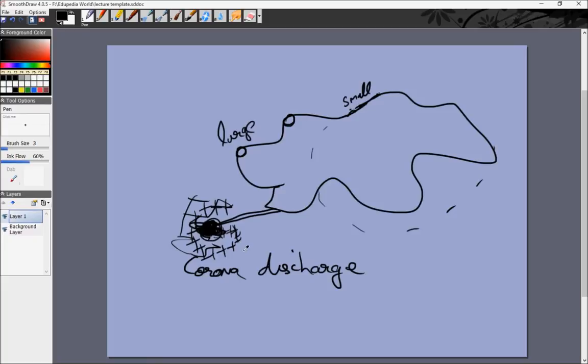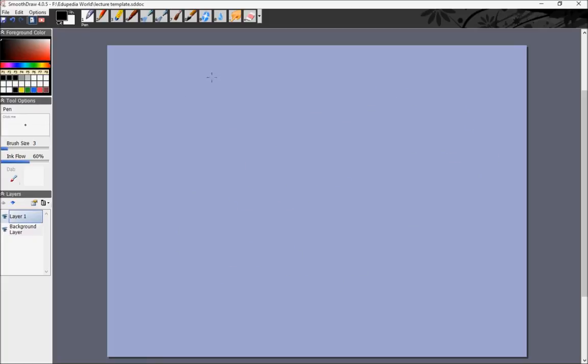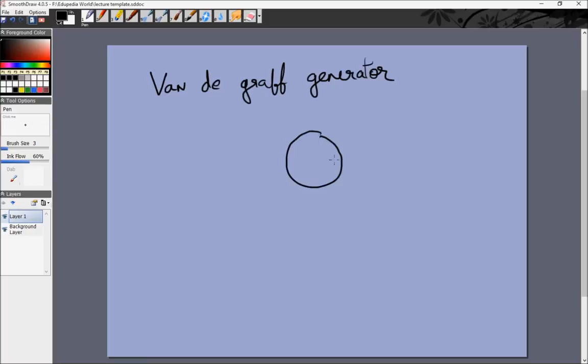This has a good application to create a large potential difference in something which is called the Van de Graaff generator. And what happens in this case is, I'll try to draw a rough diagram of this. So you have an outer sphere, and then you have an inner smaller sphere which is attached to another sphere through a conveyor belt.